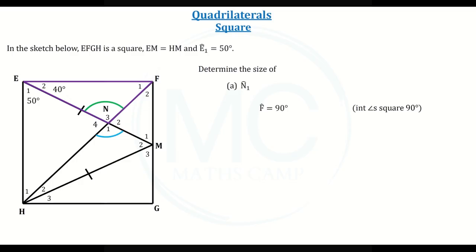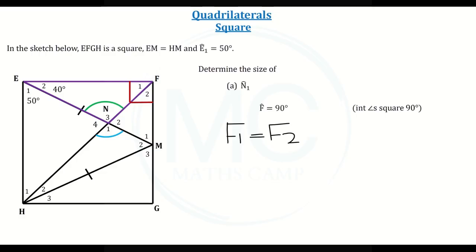On our diagram, let's make this right angle red. We also know that HF is a diagonal of the square, and the diagonals bisect interior angles. So this means that 1/2 of angle F, F1, will be equal to the other half, F2.